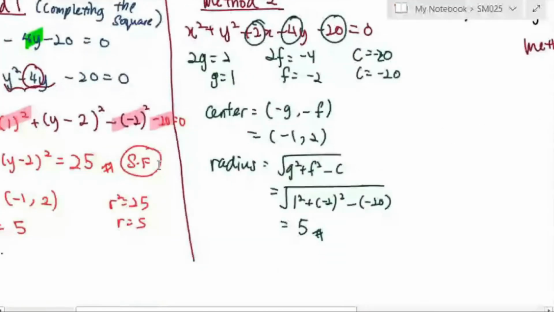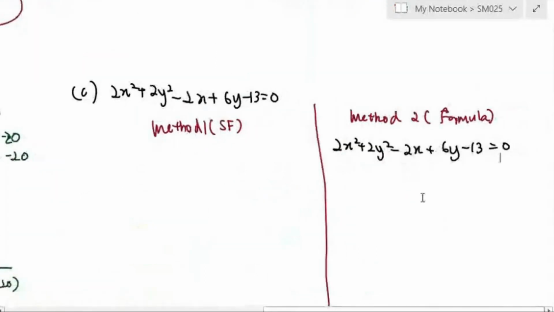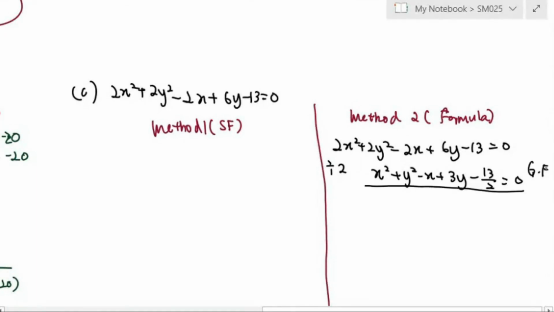So when they give us the equation with 2x squared, 2y squared, a coefficient in front, you must simplify it by dividing by 2, in order to get x squared plus y squared minus x plus 3y minus 13 over 2. So you have to deal with fractions. No choice. Alright, so this is our general form.